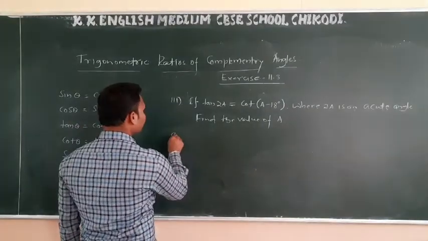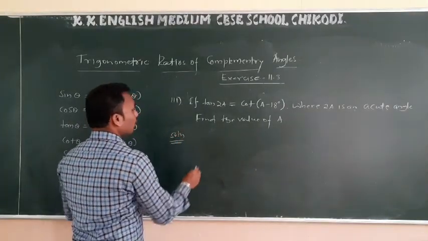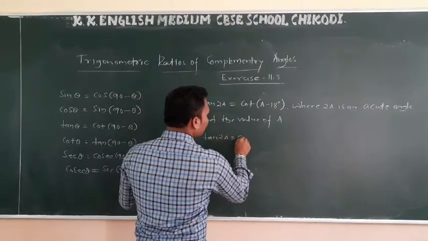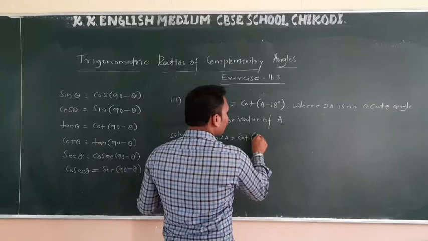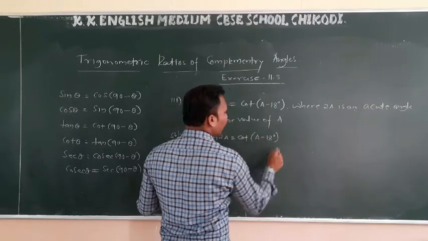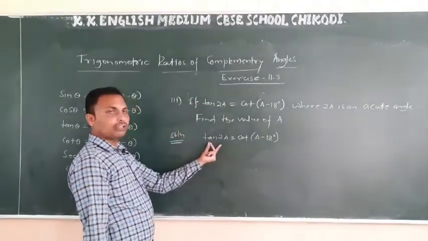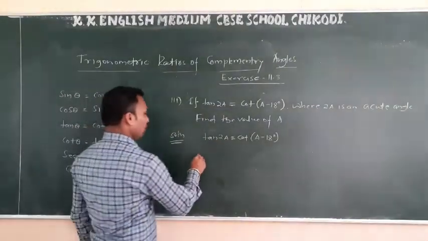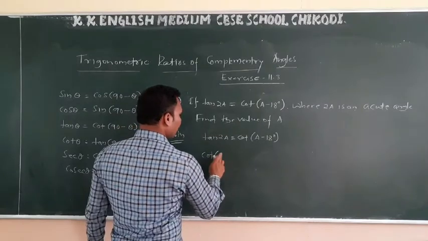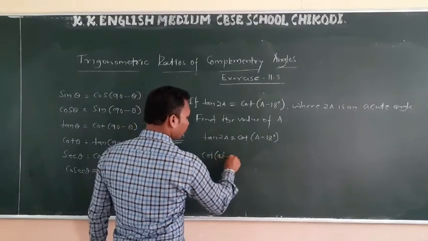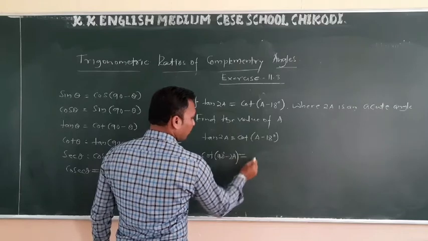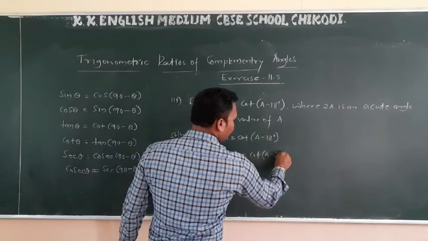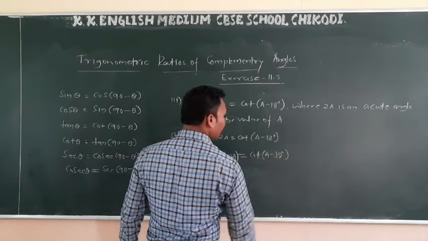Solution: first of all, given, you can write tan of 2a is equal to cot of a minus 18. Now this you can convert: tan theta is equal to cot of 90 degree minus theta. So this becomes cot of 90 degree minus 2a is equal to cot of a minus 18 degree.